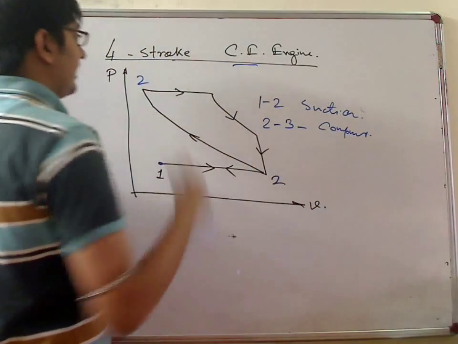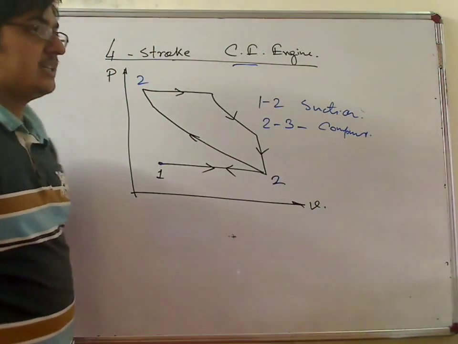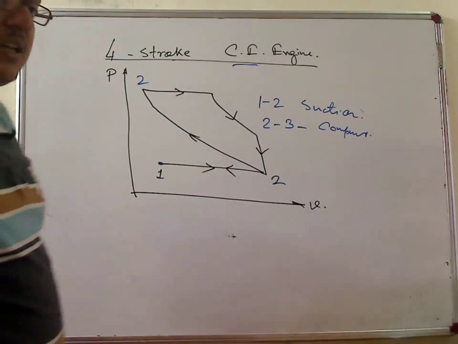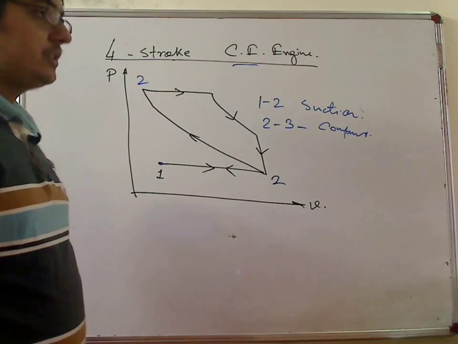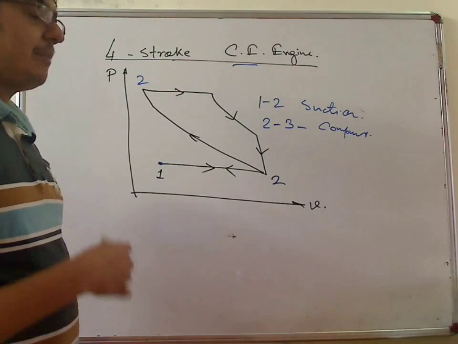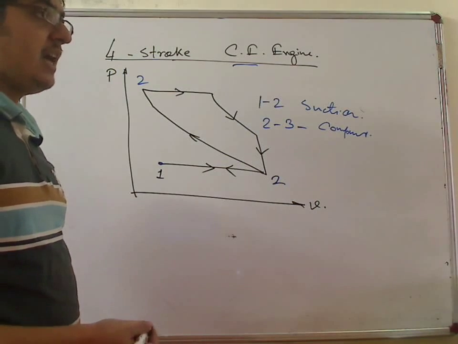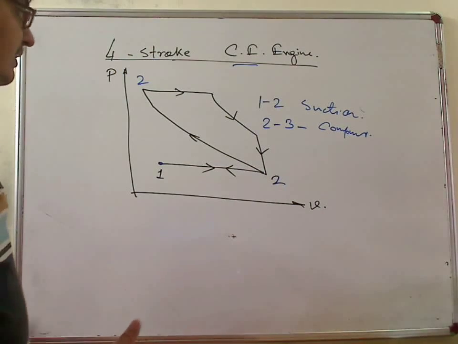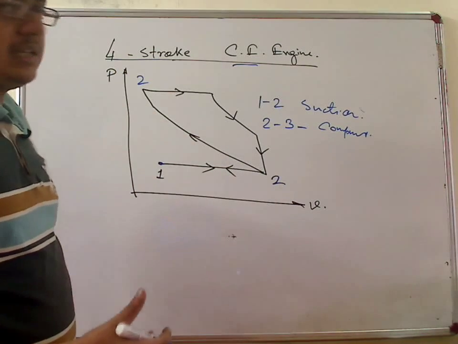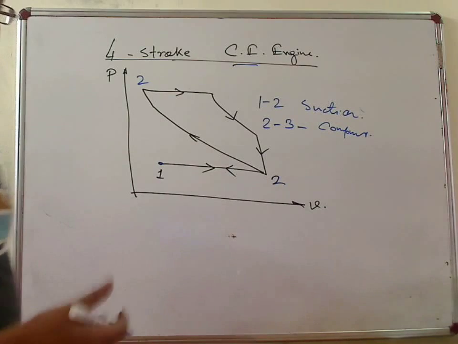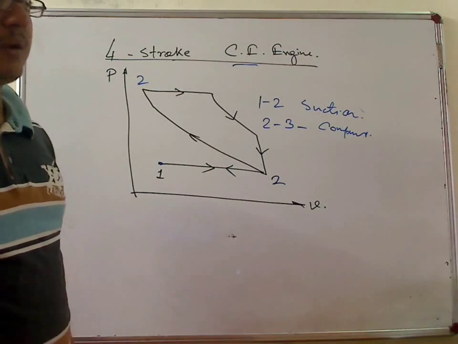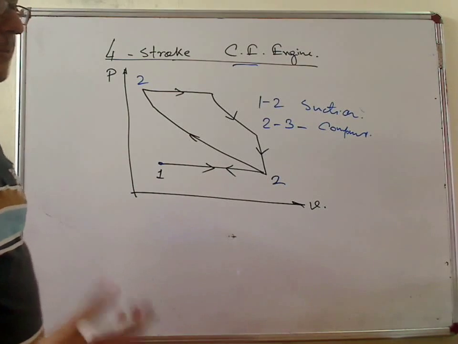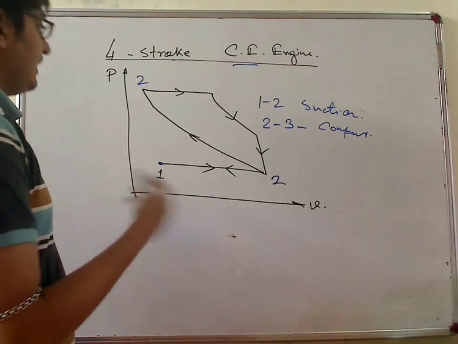Now, in the case of the CI engine, the compression ratio is very high. So, due to this compression, the pressure and temperature obviously increase, and due to this increased pressure and temperature, the fuel burns automatically. So, in this case, we don't require any spark plug.